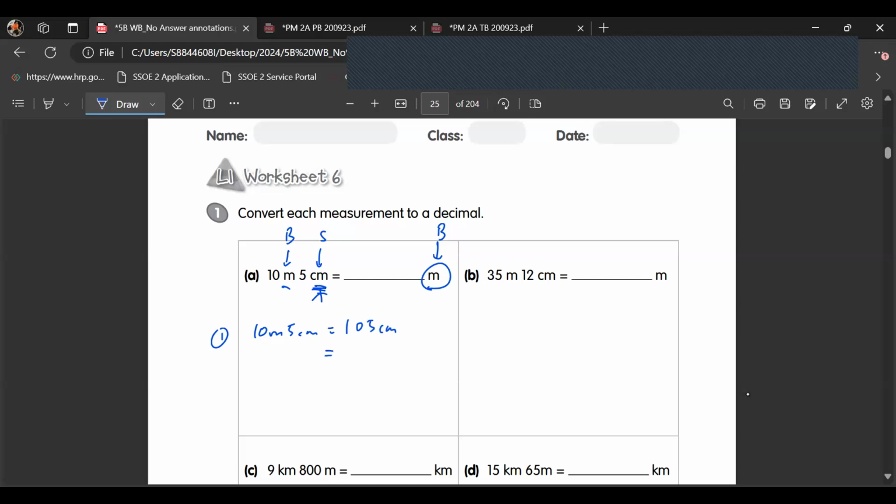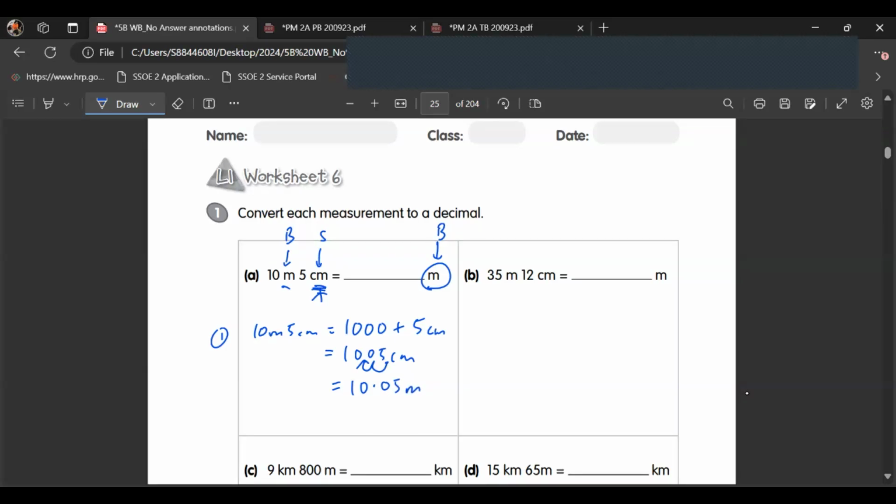Then from 105 centimeter, I convert back to meter. 10 meter, so it should be 10, 1, 2, plus 5 centimeter. Okay, this is method number one. Then from here, I divide 1, 2. So it becomes 10.05 meter.